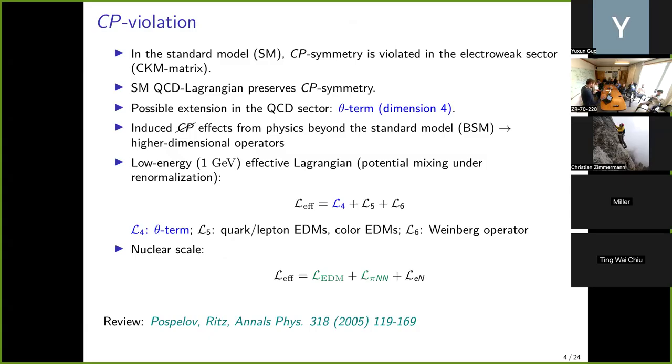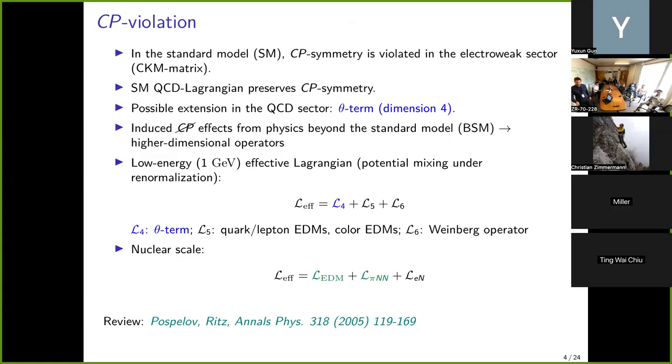So if you go further down to the nuclear scale and make an effective theory that is relevant at the nuclear scale, then you basically find 3 terms in the effective Lagrangian. It's basically the electric dipole moments of nucleons and the electron, and CP violating effects in the pion-nucleon coupling, and also CP violating effects in the electron-nucleon interaction.